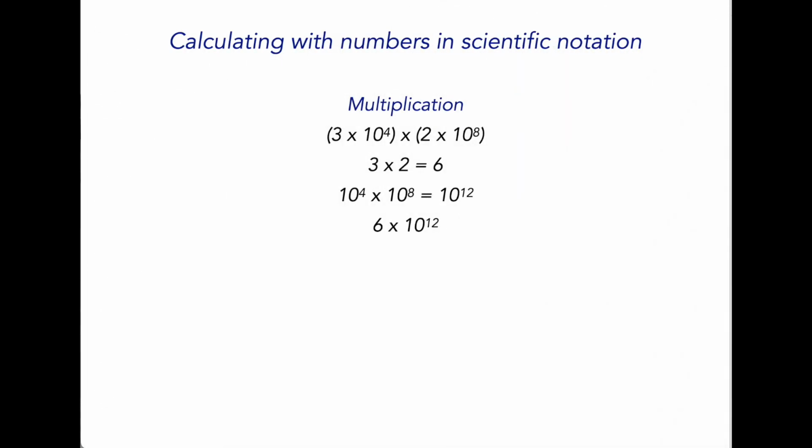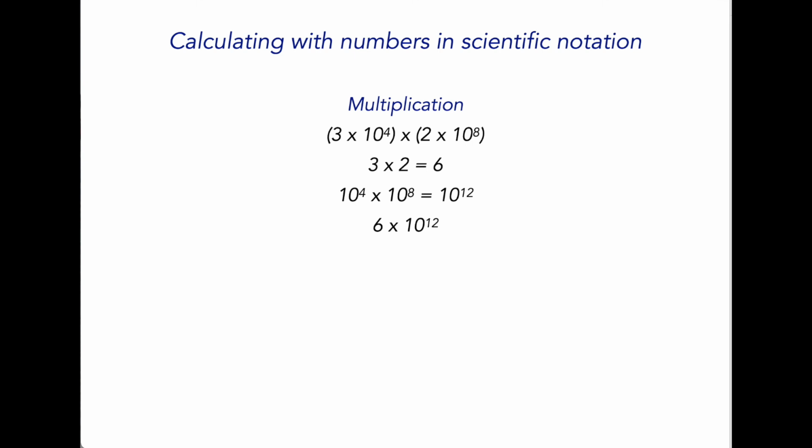The process we use when we're asked to multiply 2 numbers in scientific notation is a little different. First of all, we take the base numbers, and in this example the base numbers are 3 and 2, and we multiply those to give us our new base 6. Then we take the exponents, 10 to the power of 4 times 10 to the power of 8.